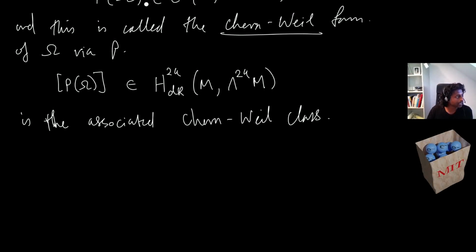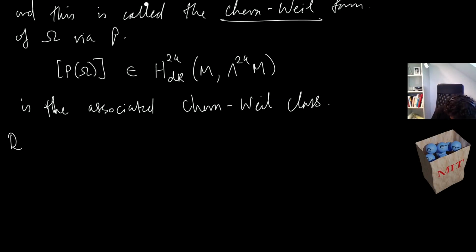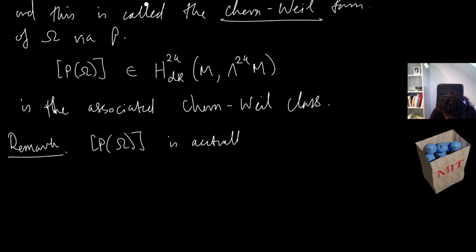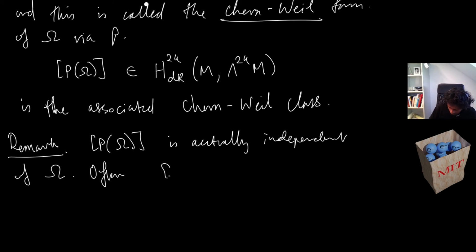Now, I just want to make a quick remark. This class is actually independent of the curvature 2 form, right? So this is really a topological object, and often P of omega is simply written as P of E, right?